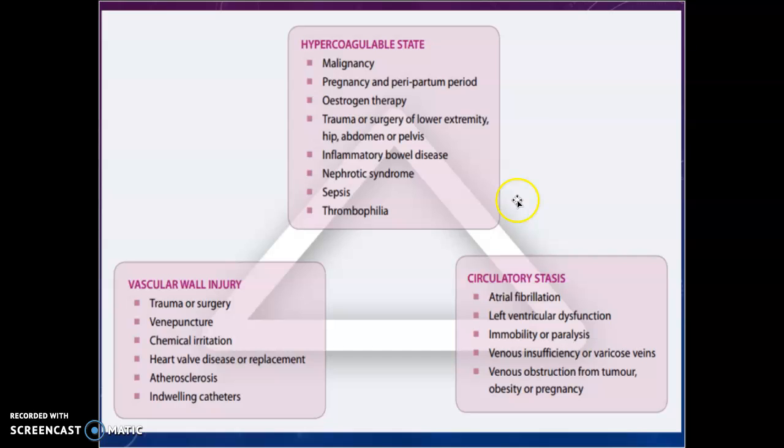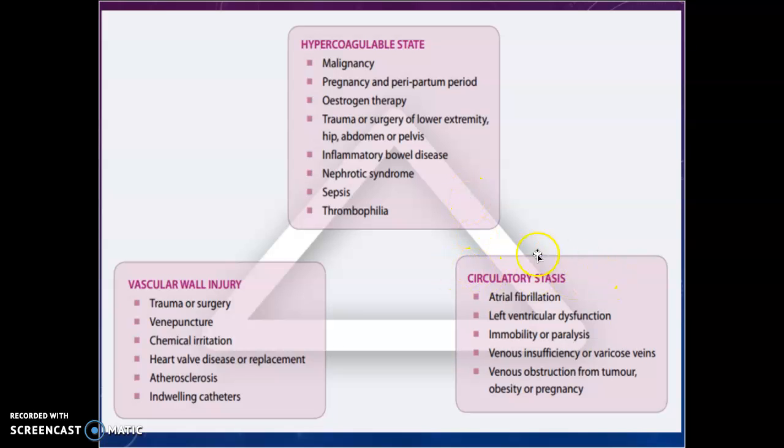The second component is hypercoagulable state. That is, the blood is more likely to form a clot than in its normal state. So we say that the blood is hypercoagulable, and this could be because of malignancy, pregnancy, someone who has been on OCPs, that is estrogen therapy, or other diseases, for example, nephrotic syndrome.